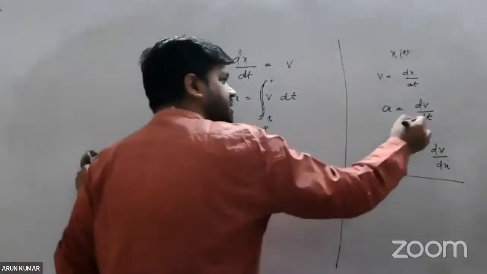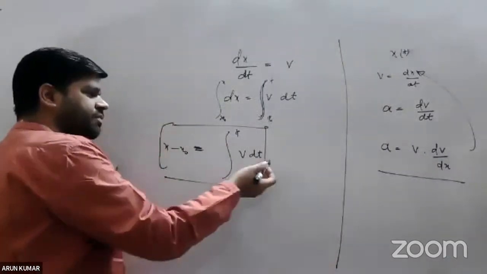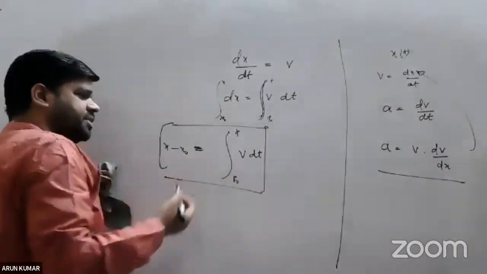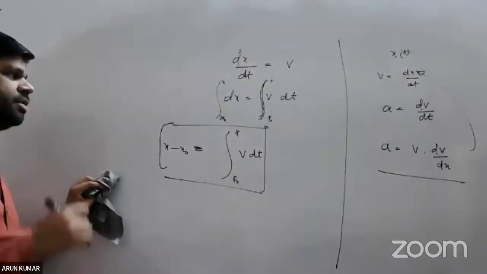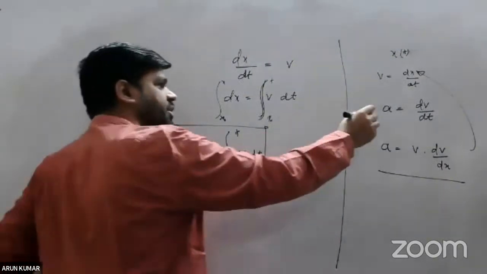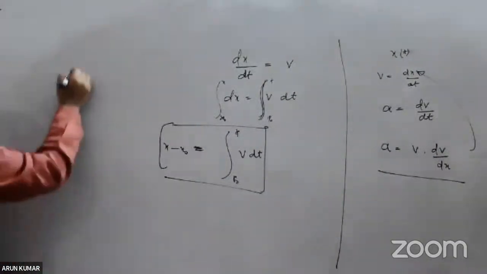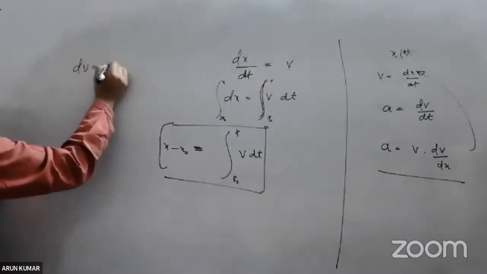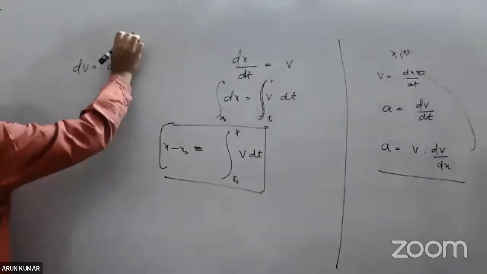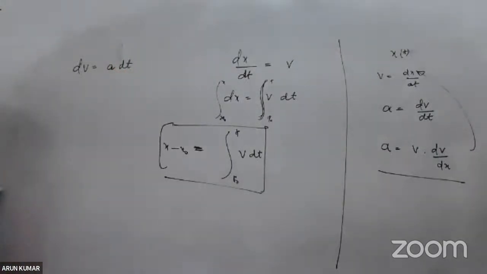So if x is given as a function of t, I can get v by differentiating it. But if v is given as a function of t, I can integrate it and get x from this equation. Similarly, I'll use the second equation now, a equal to dv by dt, and I'll get dv is equal to a dt.